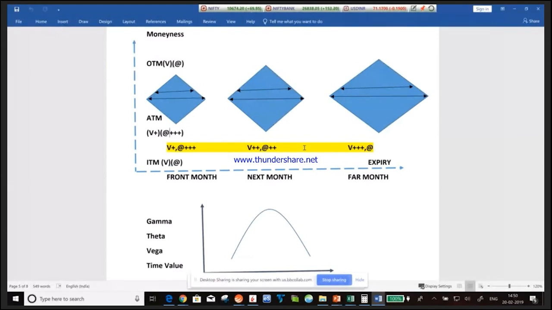Now, another question to you guys. Let's see how smart you are. Where is theta the highest? In the money, at the money, out of the money?